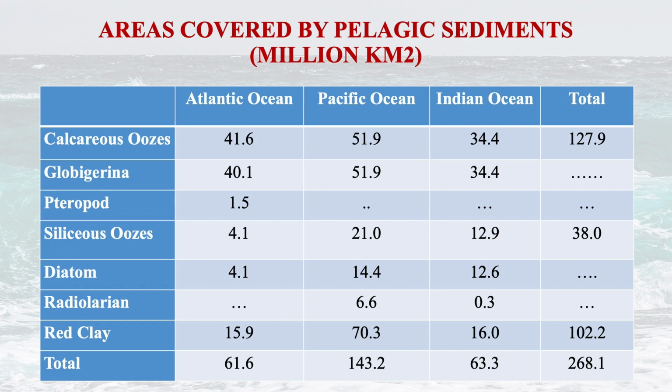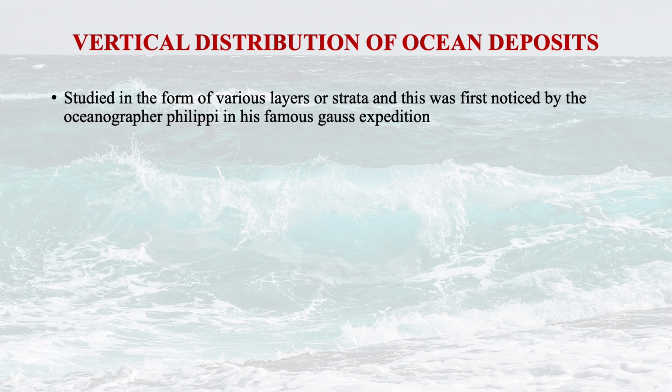Now, how do we study the vertical distribution of ocean deposits? It is studied in the form of various layers or strata, and it was first noticed by the famous oceanographer Philippi in his famous Gauss expedition.